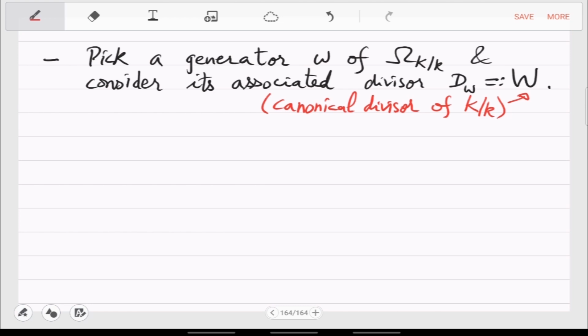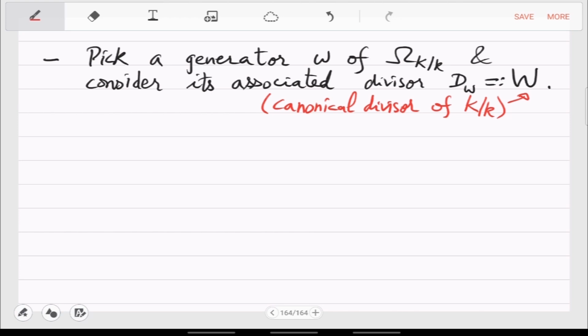It will need some more care. Because the thing is that it's not unique, right? You can pick a generator multiplied by a function x, so x times omega. That can give you a different associated divisor. So there are actually infinitely many ways to get this associated divisor d omega. Neither omega nor W are unique.